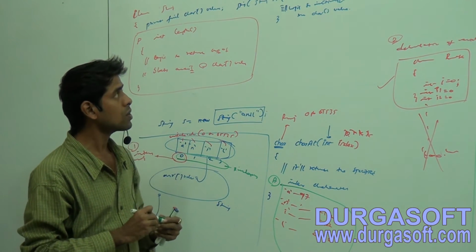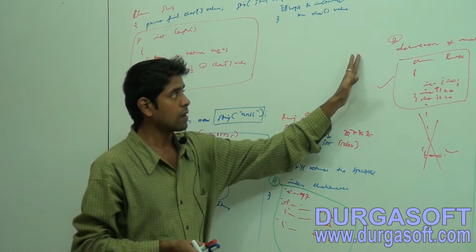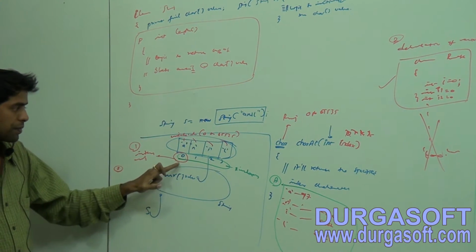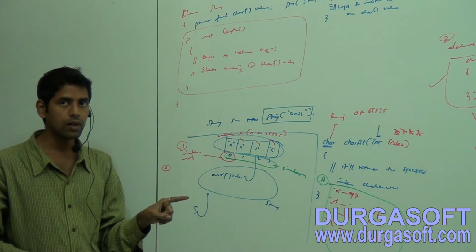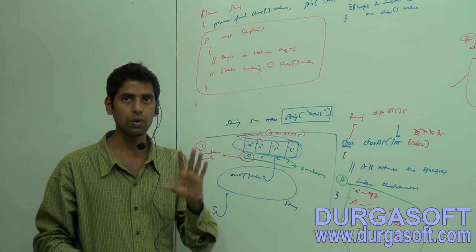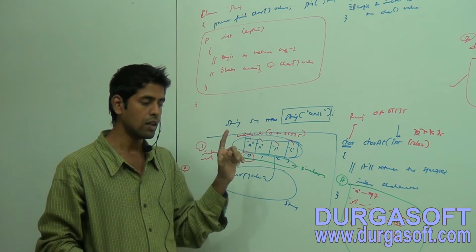Here one thing we have to understand: the index value for any array will start with 0 only. This is the first thing.